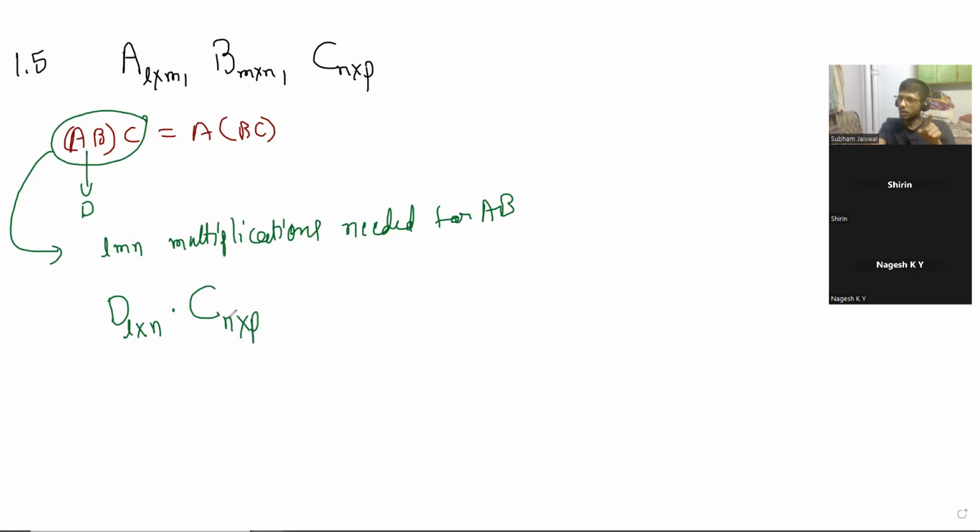Now how many multiplications are needed to compute this? Well, that's what we have to compute now, right? D times C. Again, we already know it, LNP. Shirin, is this okay? Yes, sir. So when it was these two, you needed LMN.